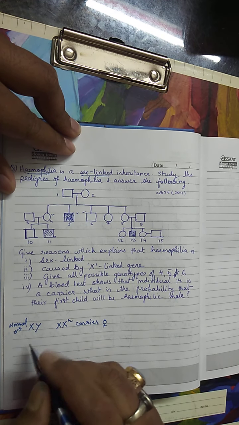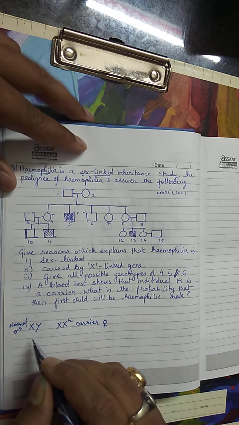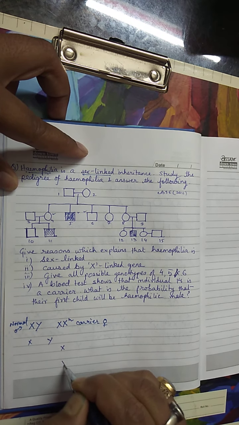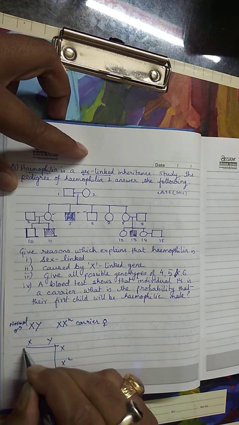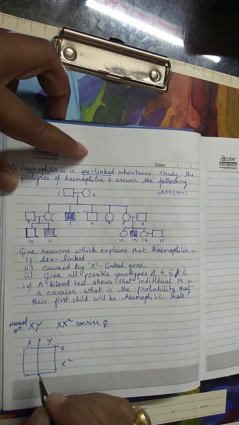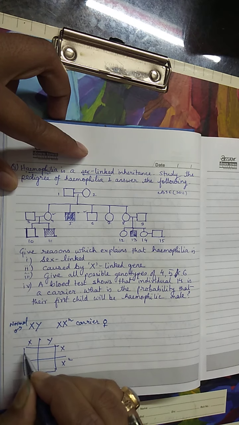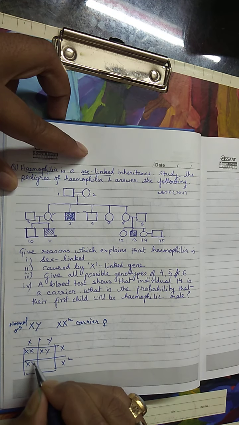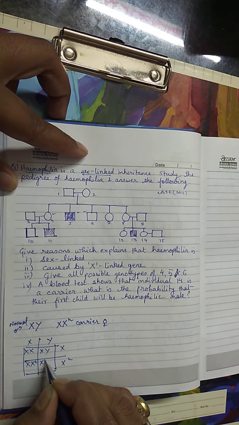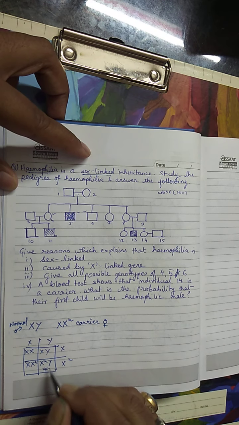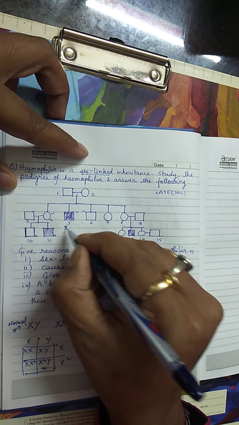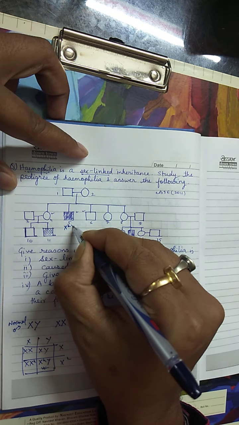If we do the cross between them, what will be the possibilities? XY on this side, and X and XH on the other. So XX, XY, XHX and XHY. What we find is that this is the case of the hemophilic male. So the genotype of 5 will be XHY.